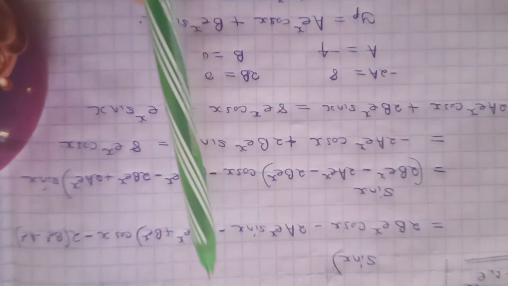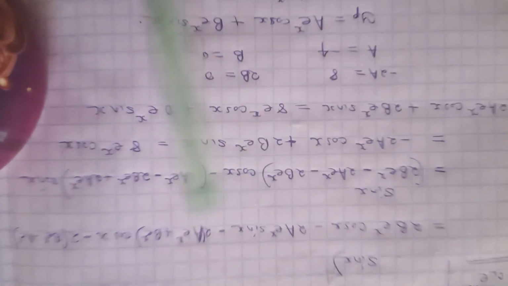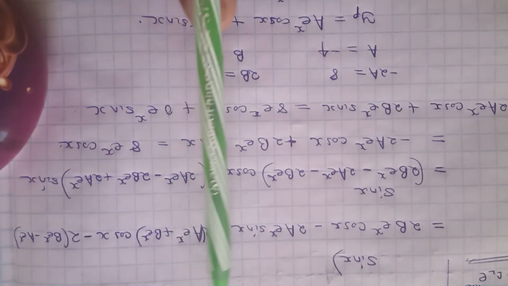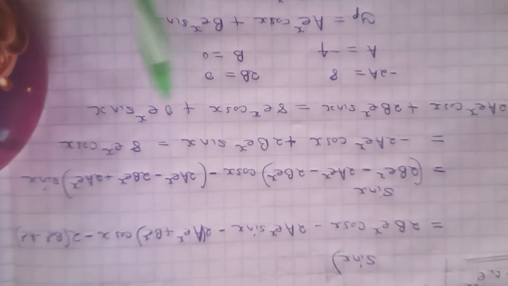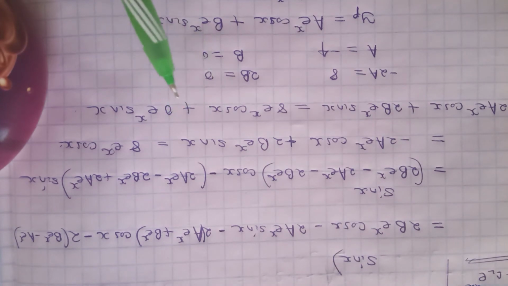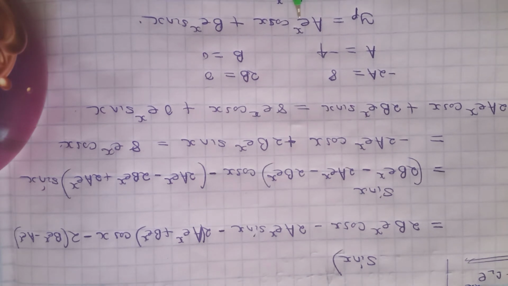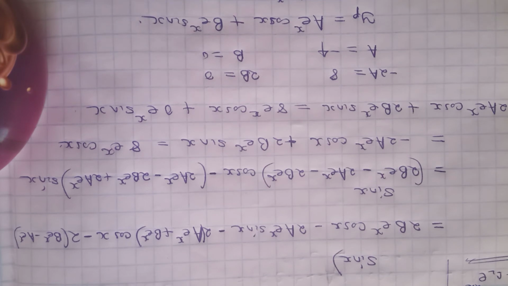So with all these values, all this calculation, we were trying to find the values of a and b only in our general predicted solution of the equation, the particular solution of that equation. So now we have all of them. So we have our final equation now to be Ae^x cos x plus Be^x sin x.